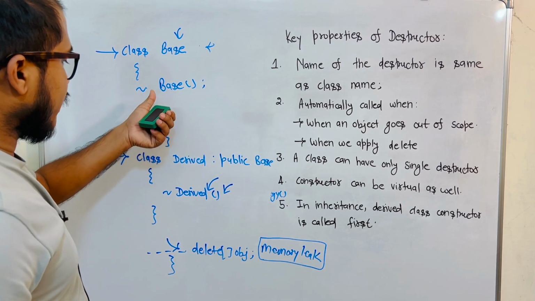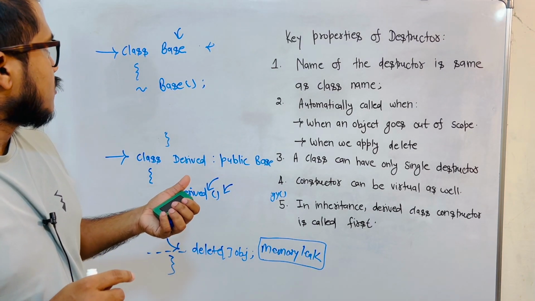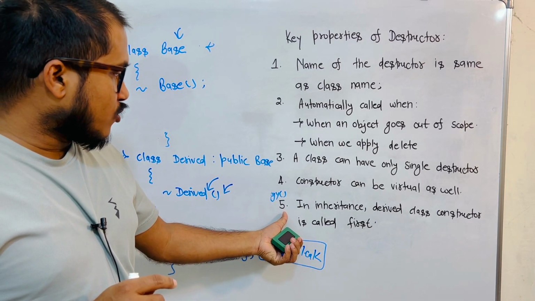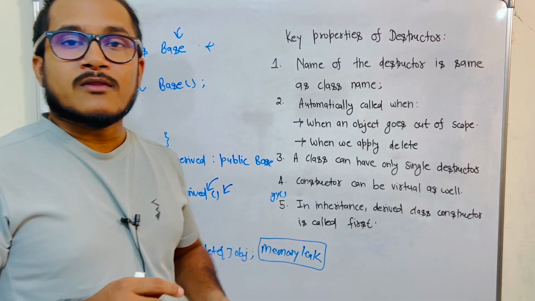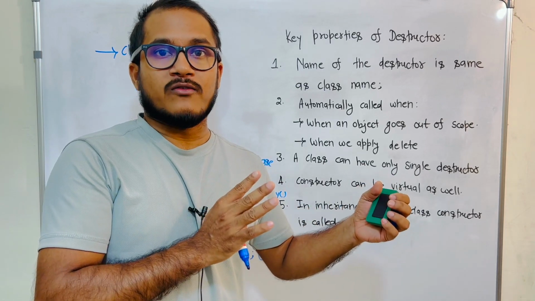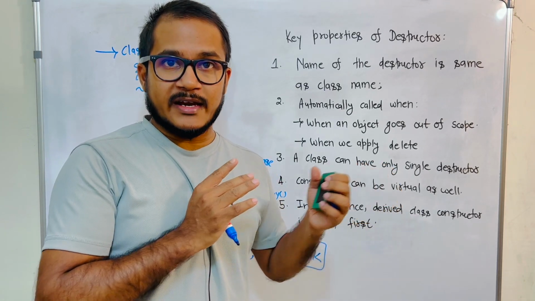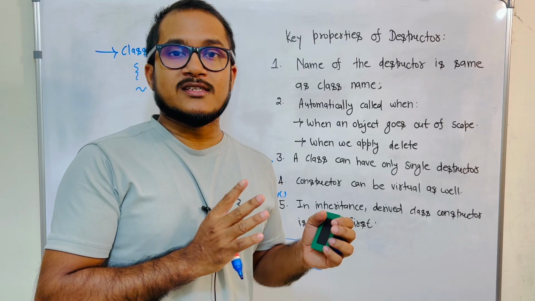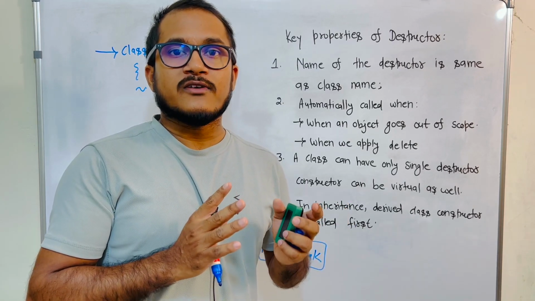So this is how the hierarchy looks like. We'll also try to do one small experiment around this, to see what the order of constructor call is in case of inheritance and what the destructor call order is in case of inheritance.